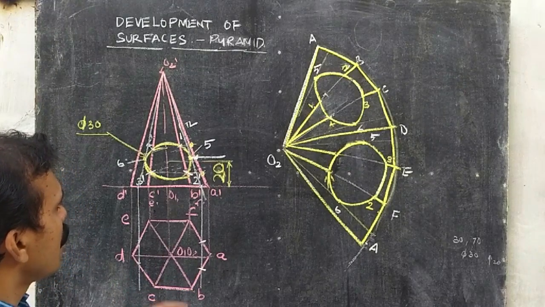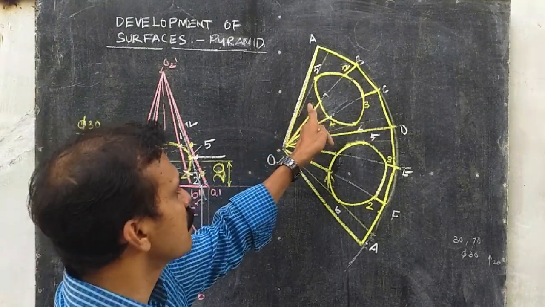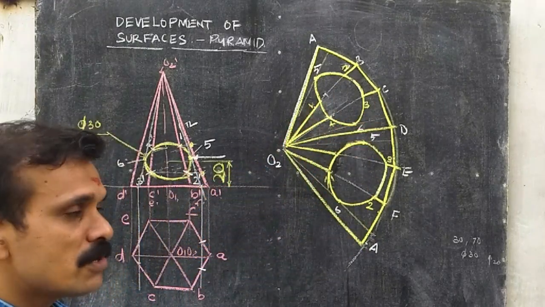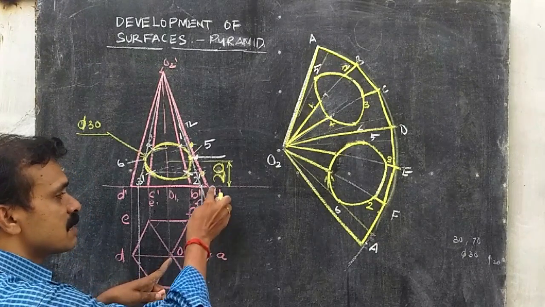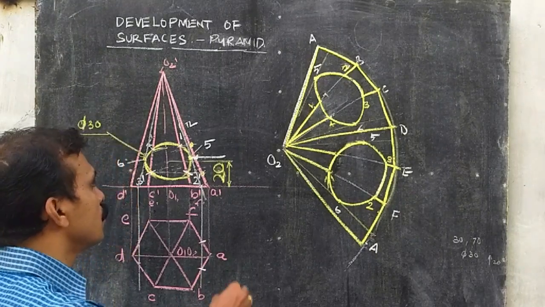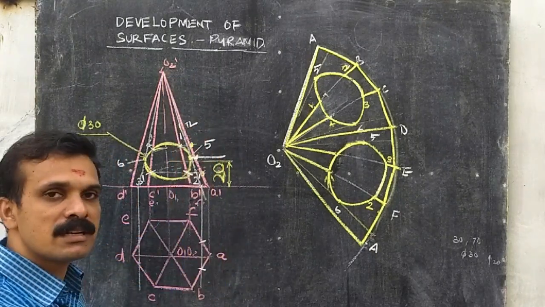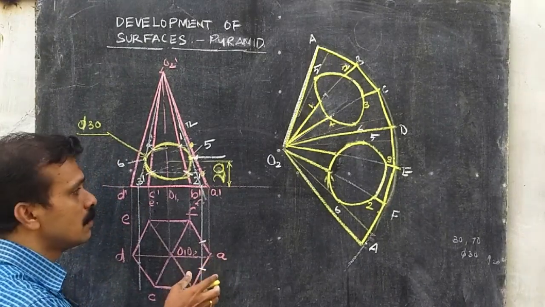So we can mark those 4 points in the development as 1, 2, 3, and 4. And also in this question, since the pyramid is placed with one of its base edges parallel to xy line, we need not obtain the true length, because the slant edge on the right side will already be the true length, because its opposite edge is parallel.